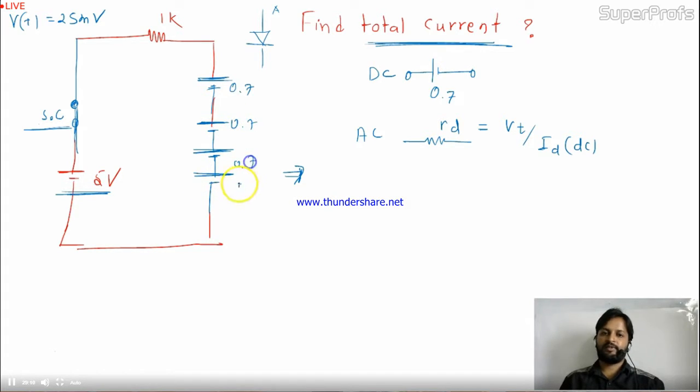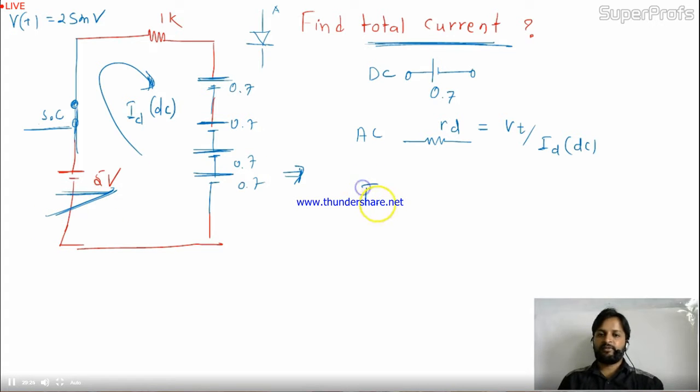0.7, 0.7, 0.7. Now if you collect this current, take it as ID, and I'll call it IDC, because you are having a DC source in the circuit. So your IDC is nothing but 5 minus 4 times 0.7, that is 4 into 0.7, divided by 1K.